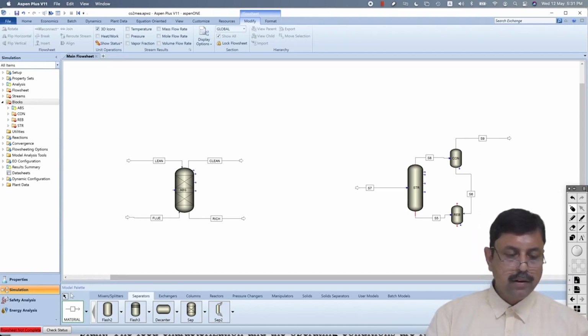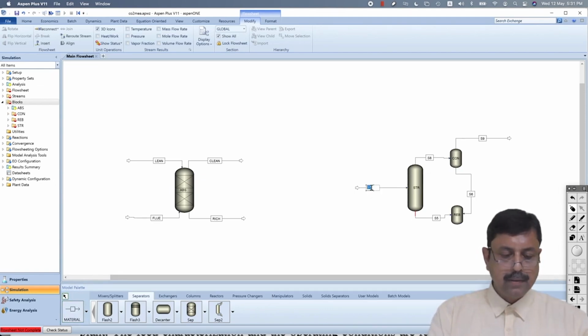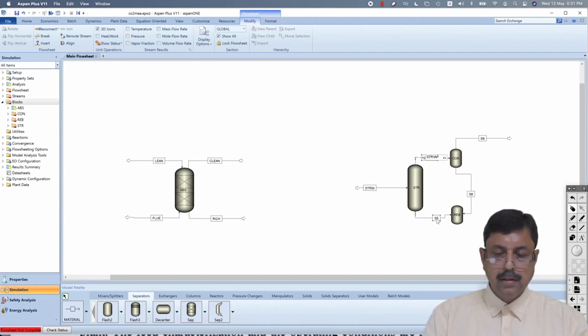So we shall rename them accordingly. We'll rename it as STR in. This is STR vapor. This is STR liquid. This is condenser liquid, and this is CO2.